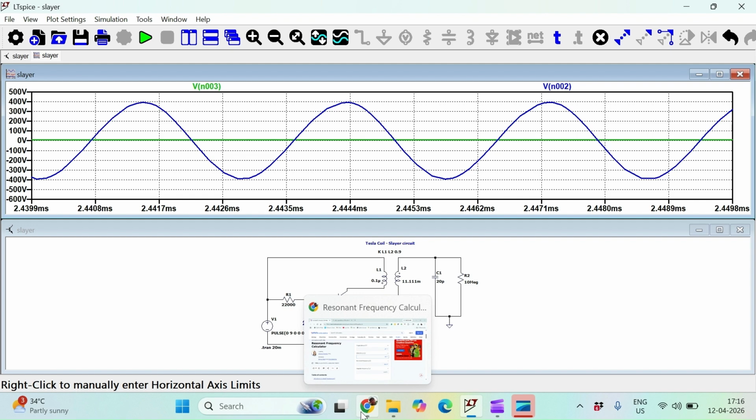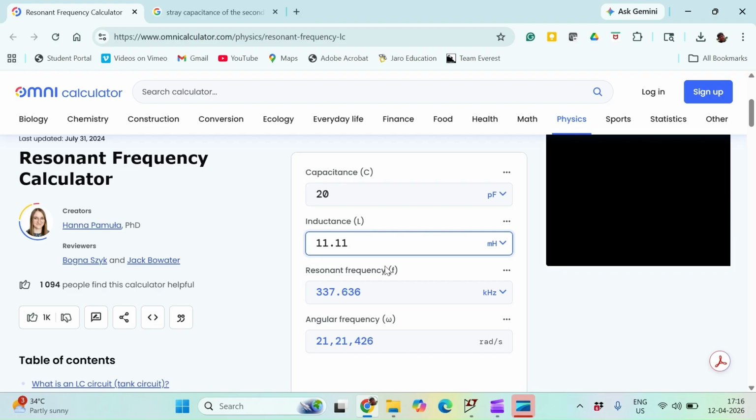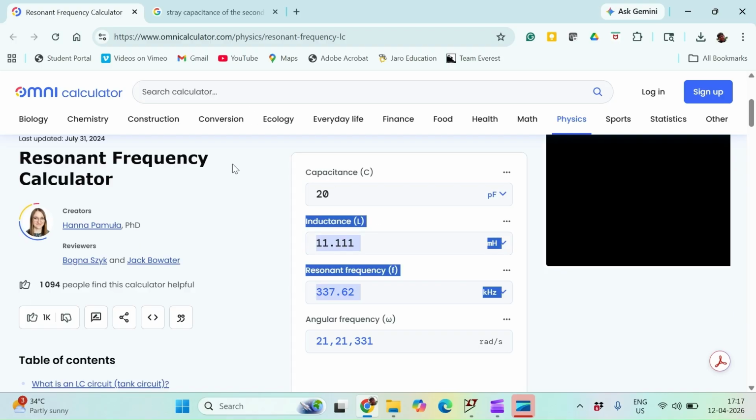So let's now input these values. 20 picofarads, 11.111 millihenry. You can see that the resonant frequency for these values using the formula is 337.62 kilohertz. So this matches with the simulation that we made.